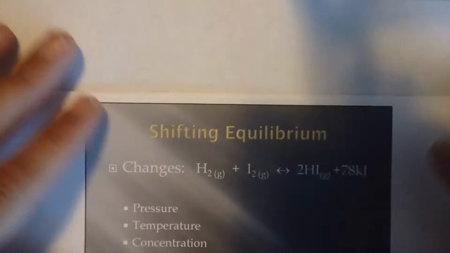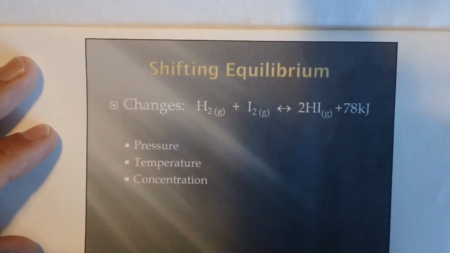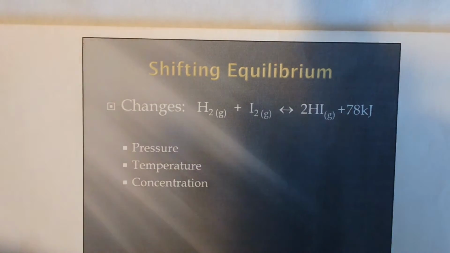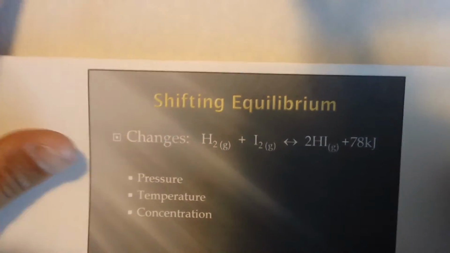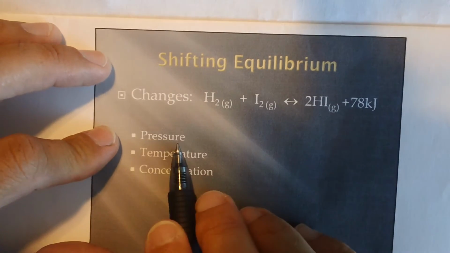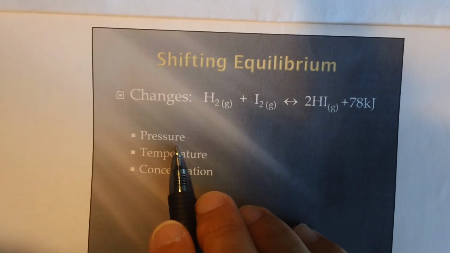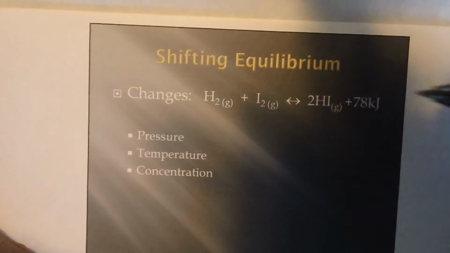Fair enough. I think there's one little slide left, and it's the same equation as the first problem we looked at, and this is talking about shifting equilibrium. I'm just going to talk real quick about a couple shifts in equilibrium so you can get your head around it a little bit. If we change the pressure, if we increase pressure, that's decreasing volume.